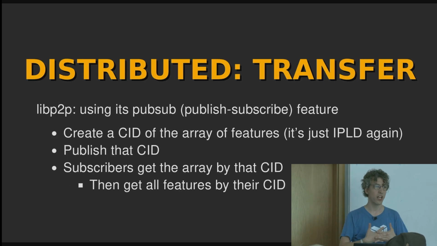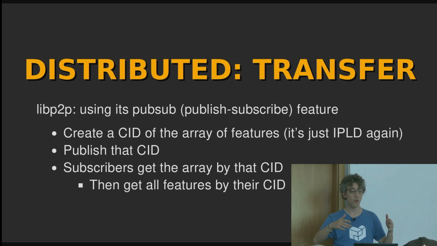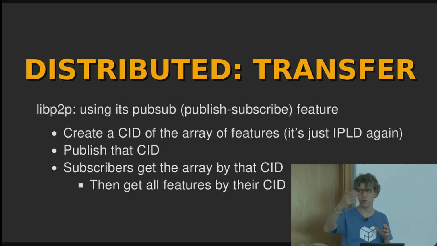And then you use libp2p, another protocol, which we use to publish this feature. So from this array of CIDs, you treat it again like JSON, like IPLD, and create a single CID of it. And this is what we then publish to everyone.